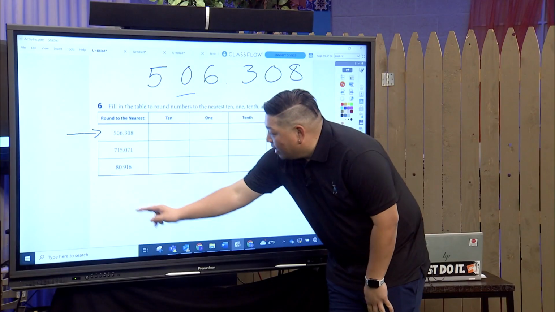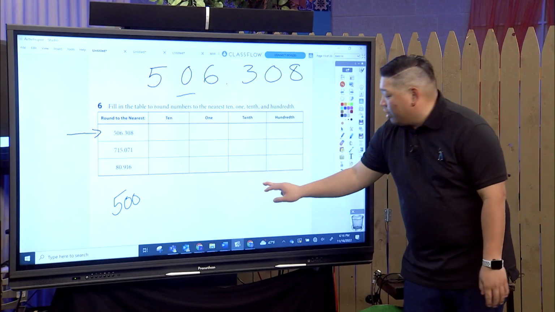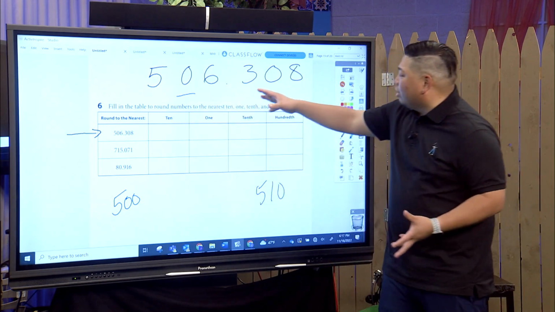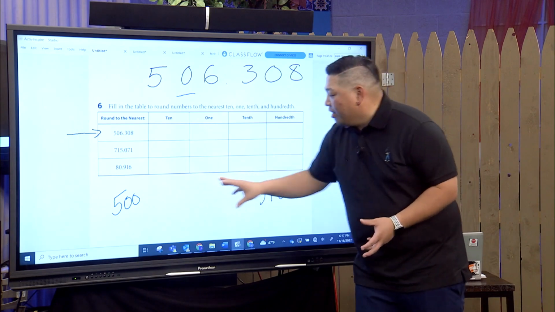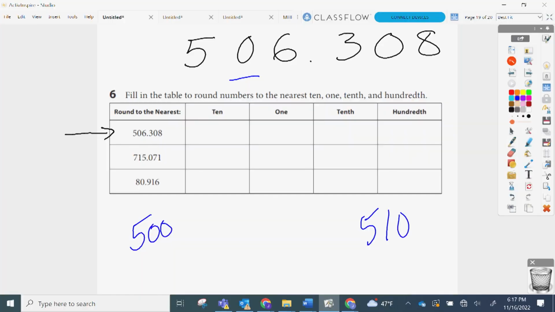So if we had a number line, if we said our nearest 10 was going to be 500 or 510, we have to think about where 506 and 308 thousandths would go on that number line. Right in the middle of 500 and 510 would be 505. Yep.